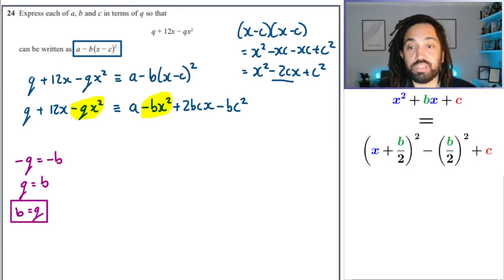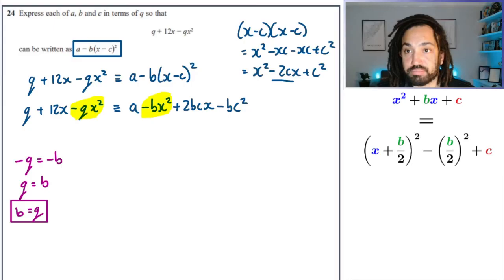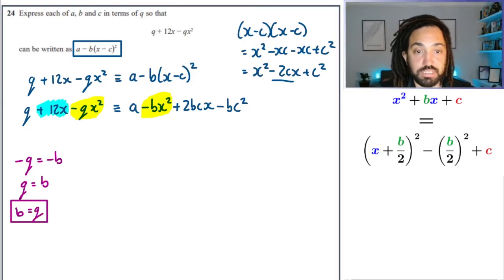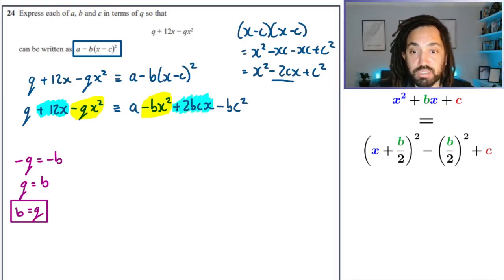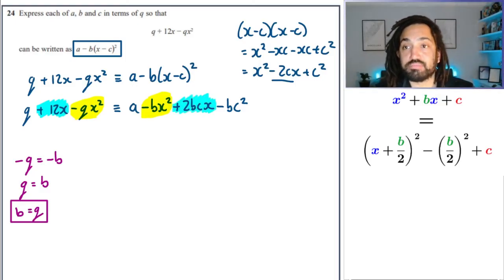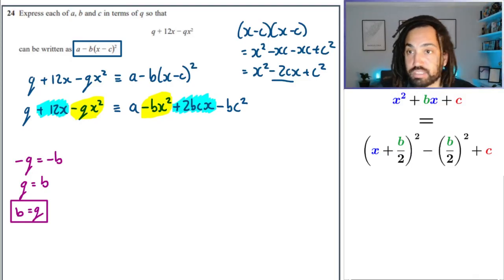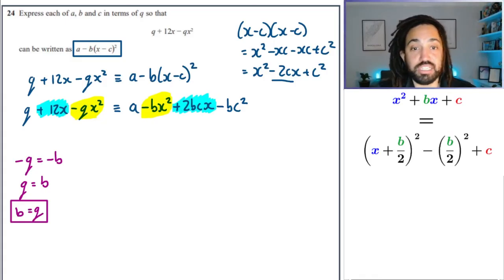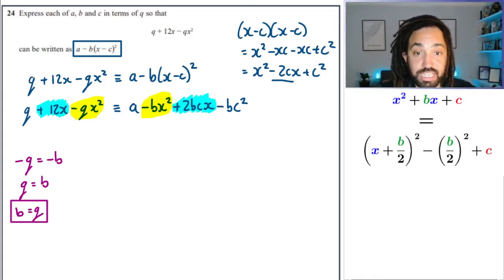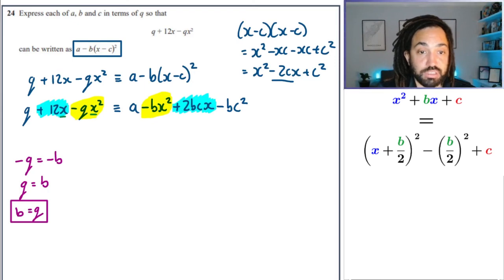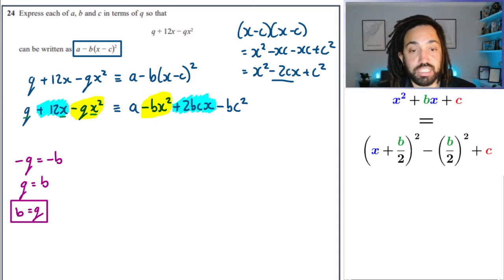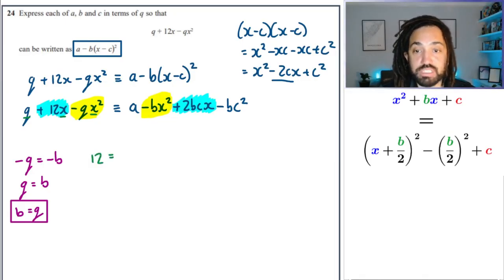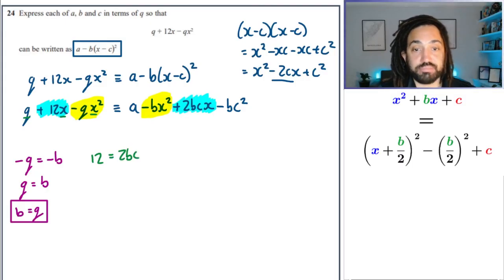Great. Now we can look at the x's. There must be the same number of x's on both sides, so these are all the ones that have an x in. Because this is a quadratic, it's definitely going to have x squareds, x's, and constants, so we're just equating each of those. Looking at the x's, we've got 12, which is going to equal 2bc.